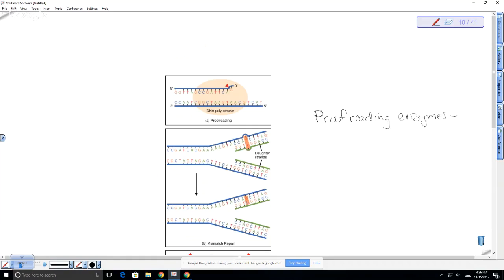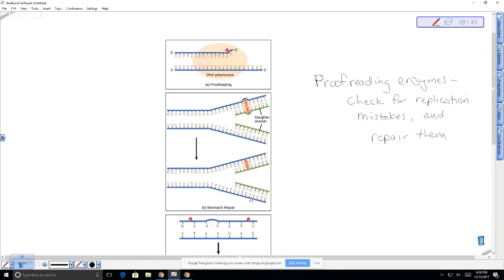They check the daughter strand for replication mistakes, and they can cut those mistakes out and repair them. So this just shows they could repair that by cutting the T out and replacing it with a C.